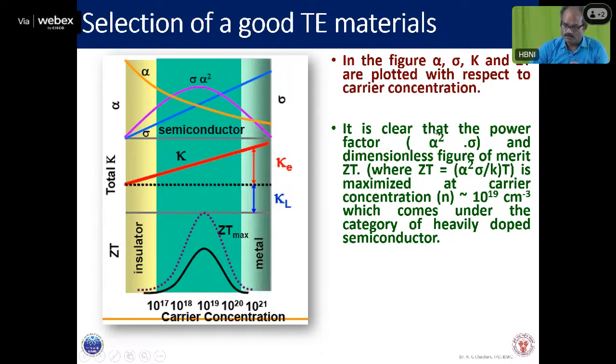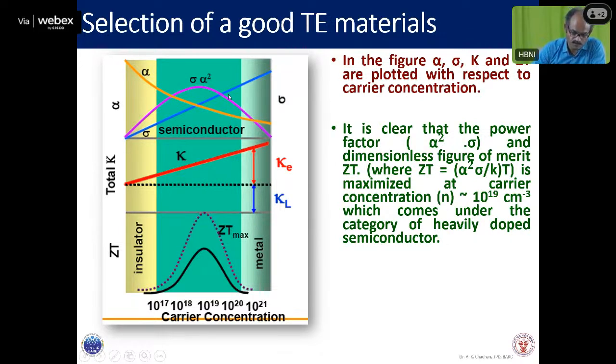The power factor is this much, and the dimensionless figure of merit ZT is alpha square sigma divided by the total K, which is Ke plus KL, times T. So it can be maximized at a carrier concentration of 10 to the power 19.